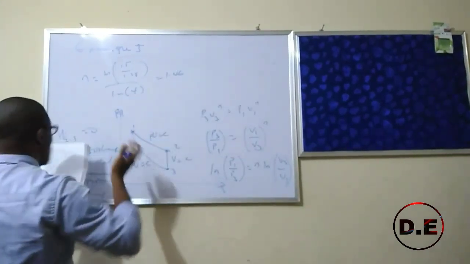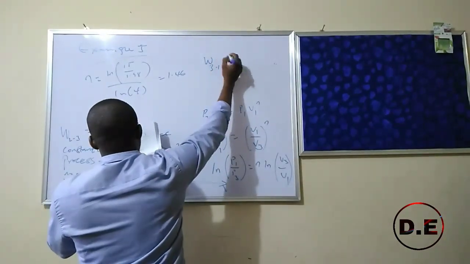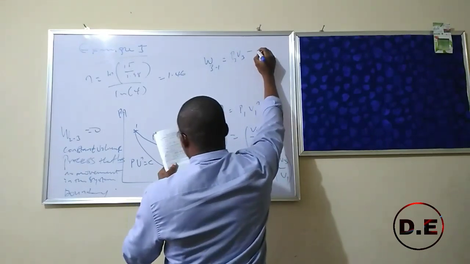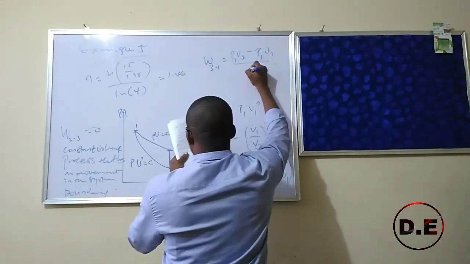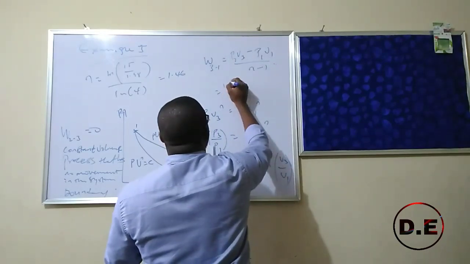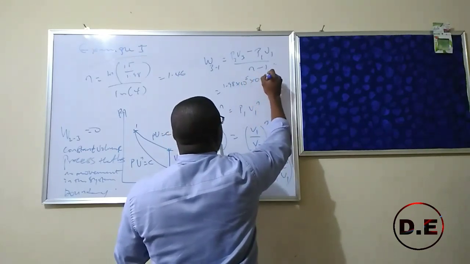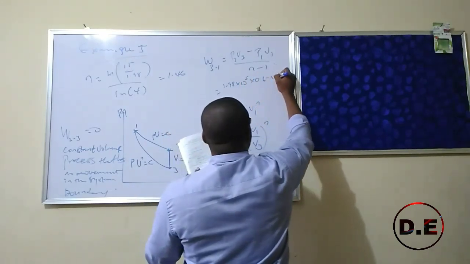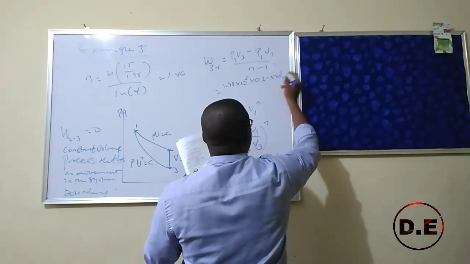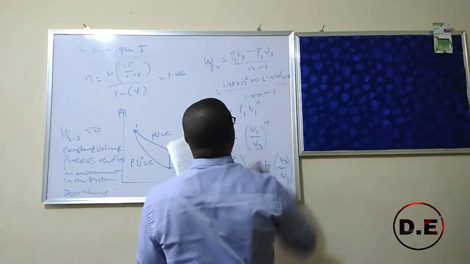Then we can therefore write the work done, because work done for a polytropic process W31 is equal to P3V3 minus P1V1 all over n minus 1. Putting everything inside here, we have 1.98 times 10 to the power 5 times 0.6 minus 15 times 10 to the power 5 times 0.15, divided by 1.46 minus 1.